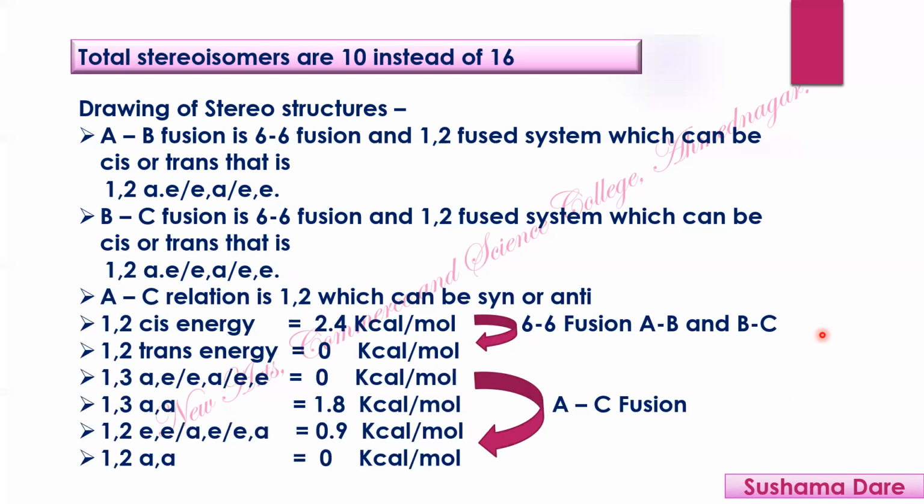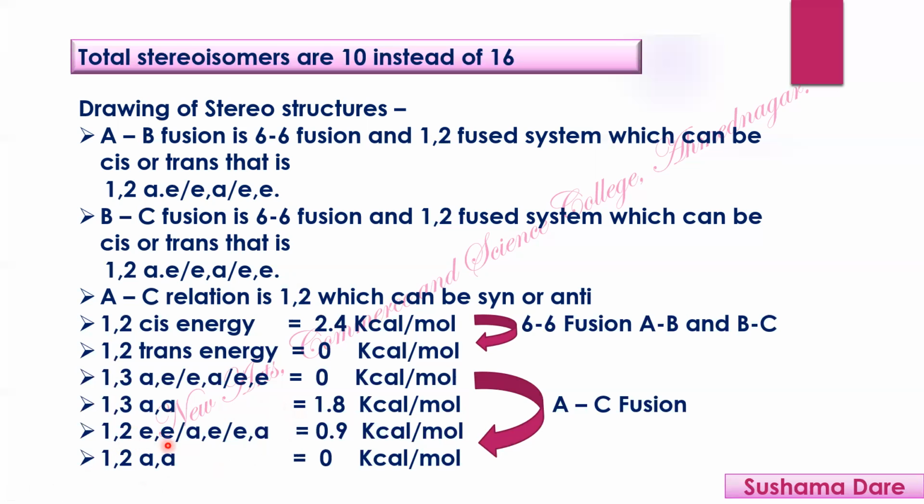The next one is, what are the different relations that we observe with respect to the terminal rings? That is with respect to the A ring and the C ring. What are the different interactions with respect to the terminal rings? So we have a 1-3 relation and a 1-2 relation. In the 1-3 relation, if there is AE, EA, or EE, then 0 energy. If 1-3 AA is there, then you add 1.8 kilocalorie per mole.